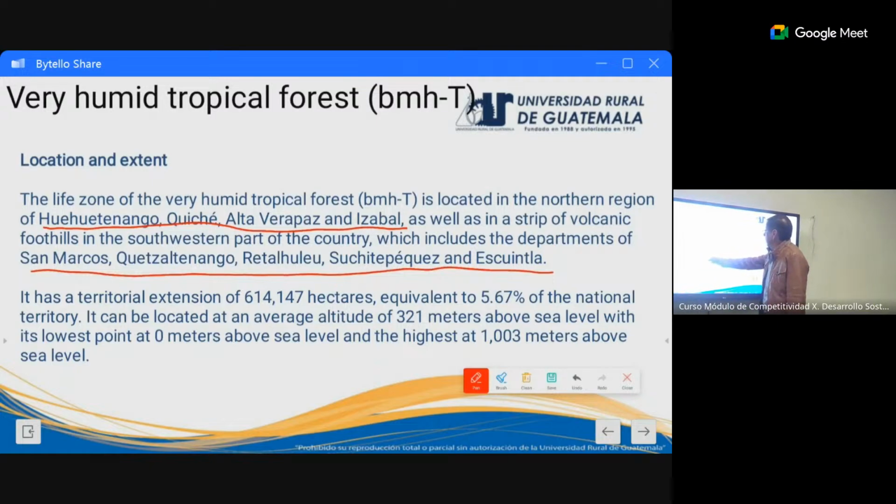It has a territorial extension of 614,147 hectares. So this is a big area here, equivalent to the 5.67% of the national territory.